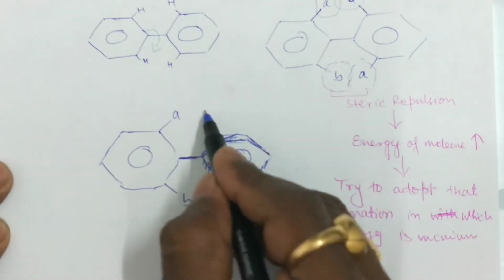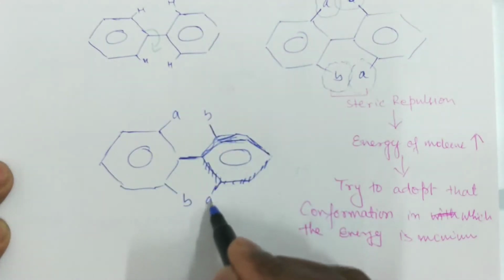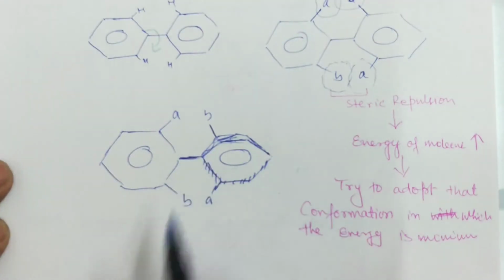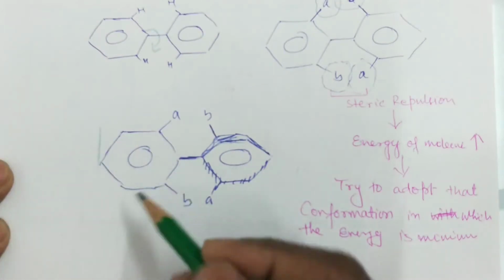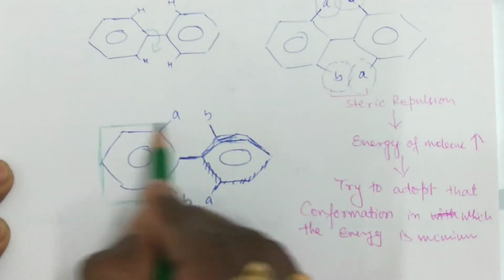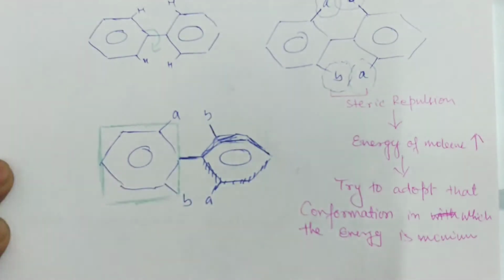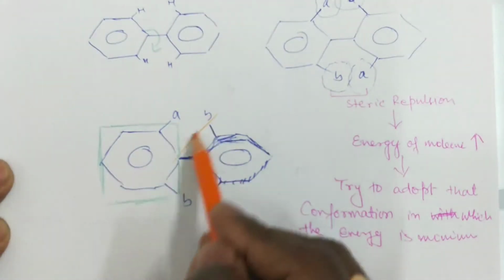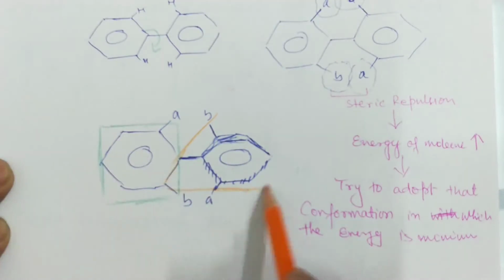And here B and A. Now if this is the plane of this ring, then the plane of this ring is like this, right?